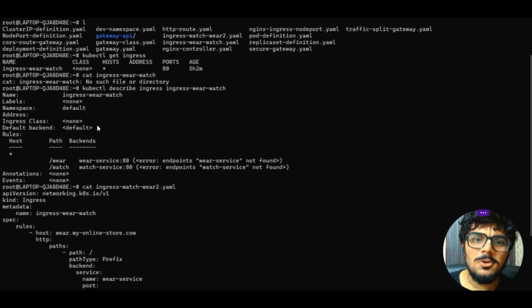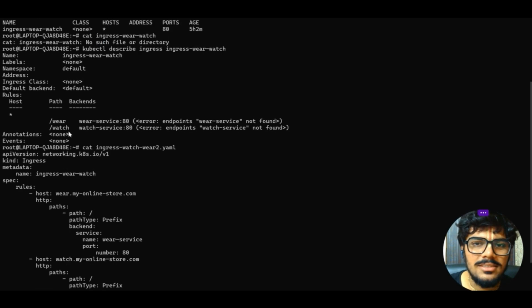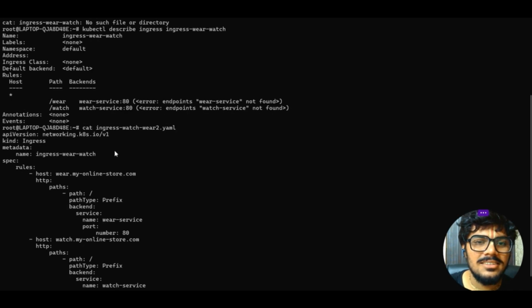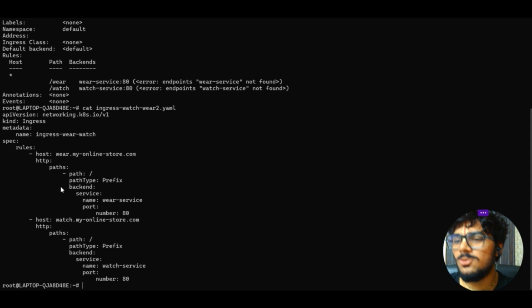There is ingress clear watch. It doesn't have any label. Namespace is just default. These are the hosts that are being exposed with the help of this resource, and these are the hosts which were managing all the traffic flowing to our cluster. That was beer.myonlinestore.com, and the other one was watch.myonlinestore.com.